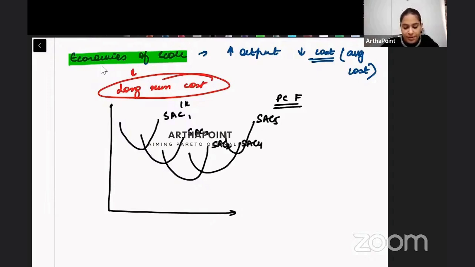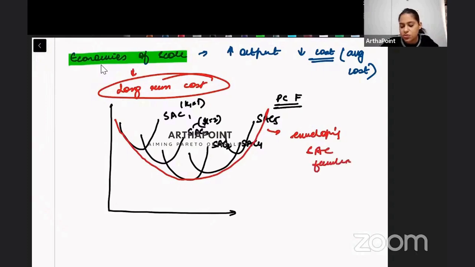So if you give me capital equal to 1 unit, maybe this is my short run cost function. If you give me capital at 2, maybe this is my short run cost function. K at 3, K at 4, and K at 5, and so on. The long run cost function envelops these short run average cost functions. So this long run cost function also has this U shape.